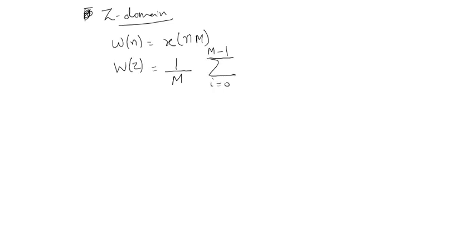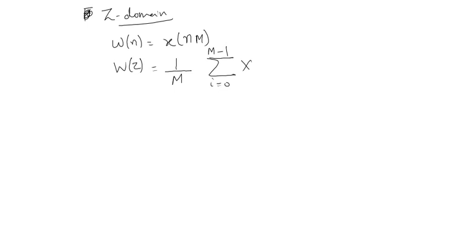So if I prove it in z domain, what will be the output? Let me write it as w of n. So what will be the w of n? That was x of nm. So W of z in z domain will be 1 upon m, summation i equals 0 to m minus 1.